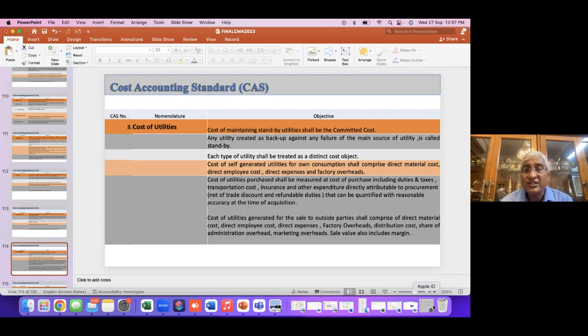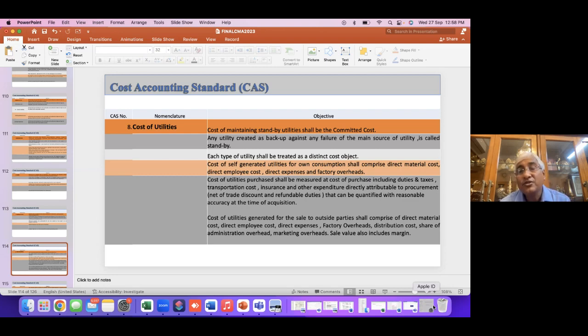Cost of utilities purchased shall be measured at cost of purchase, including duties, taxes, transportation, insurance, and other expenditure directly attributable to procurement. Cost of utilities generated for sale to outside parties shall comprise direct material cost, direct employee cost, all direct expenses, and factory overheads, distribution cost, share of administrative overhead, and marketing overhead.